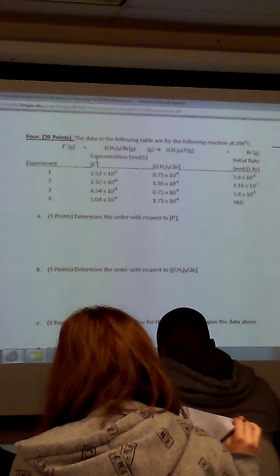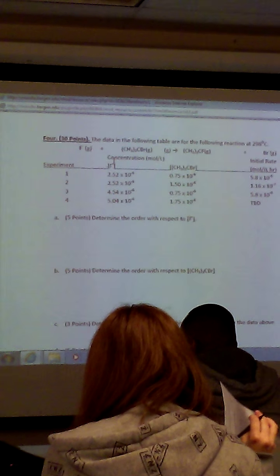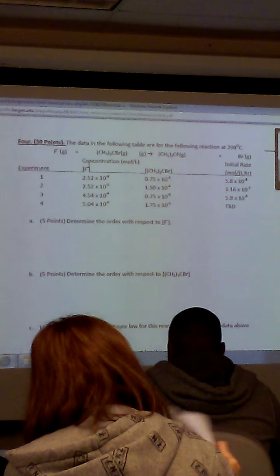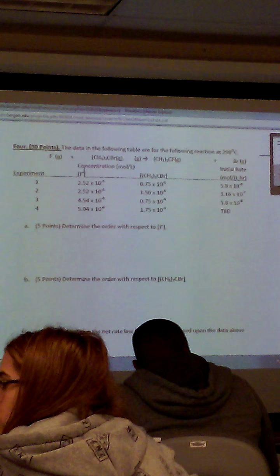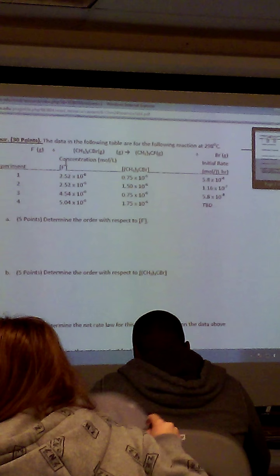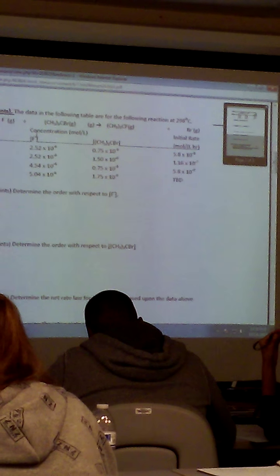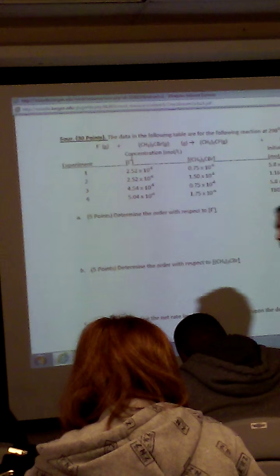You've seen how many versions of this problem? Okay? If you don't study this, do me a favor.